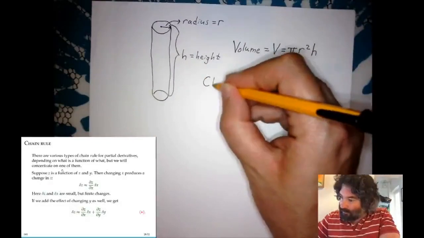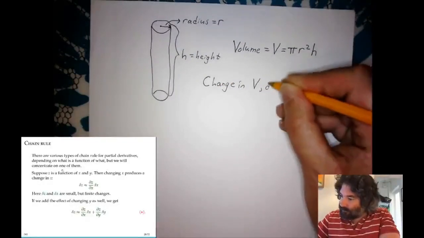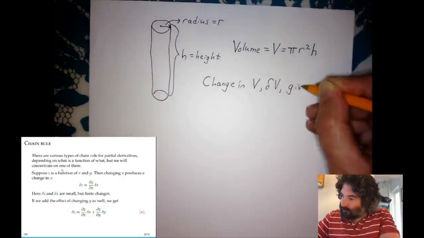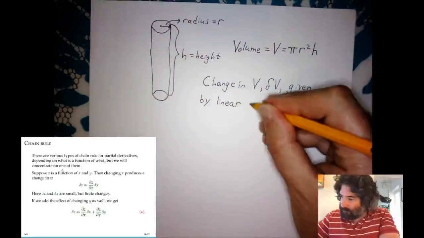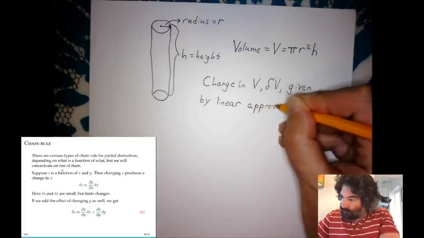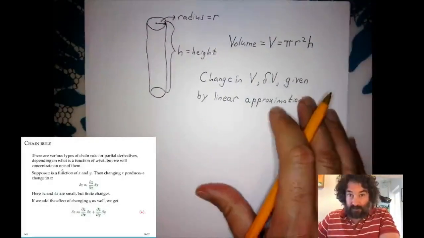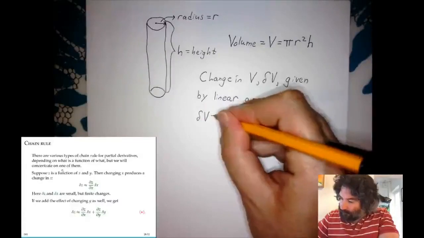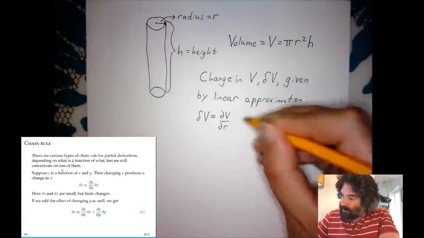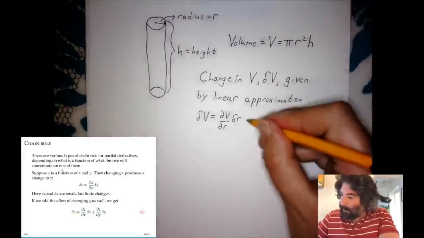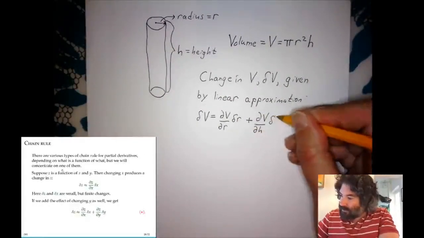So the change in V in this linear approximation is delta V. And so it is dV/dr, there are two variables, r and h, times the change in r, plus dV/dh times the change in h.